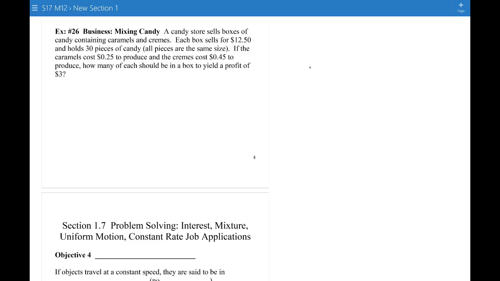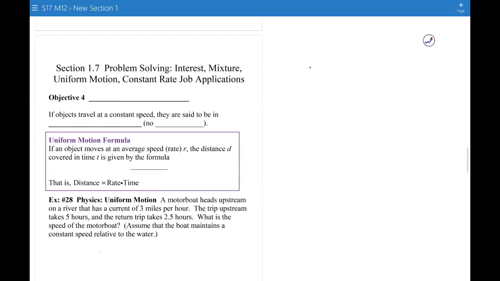Okay, so the next objective is to solve uniform motion problems. And the word uniform is used here to mean unchanging. So whatever speed is happening doesn't change.